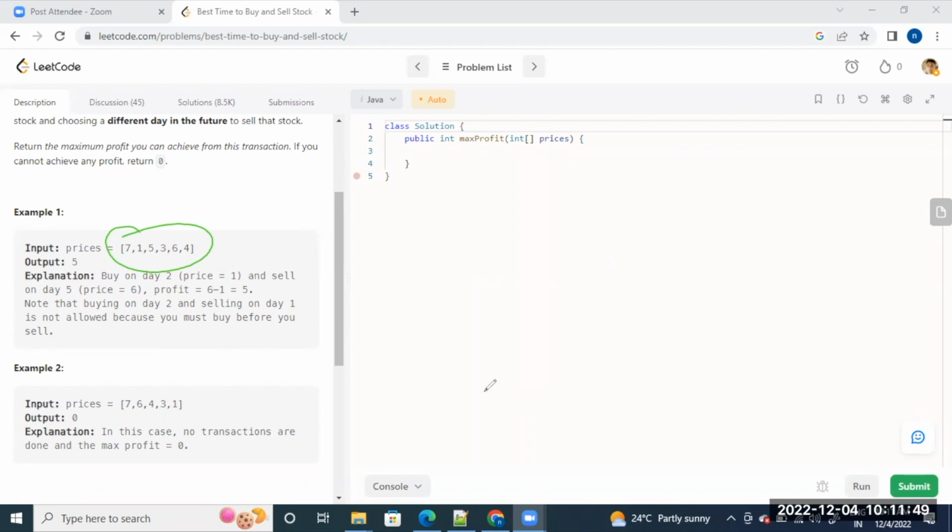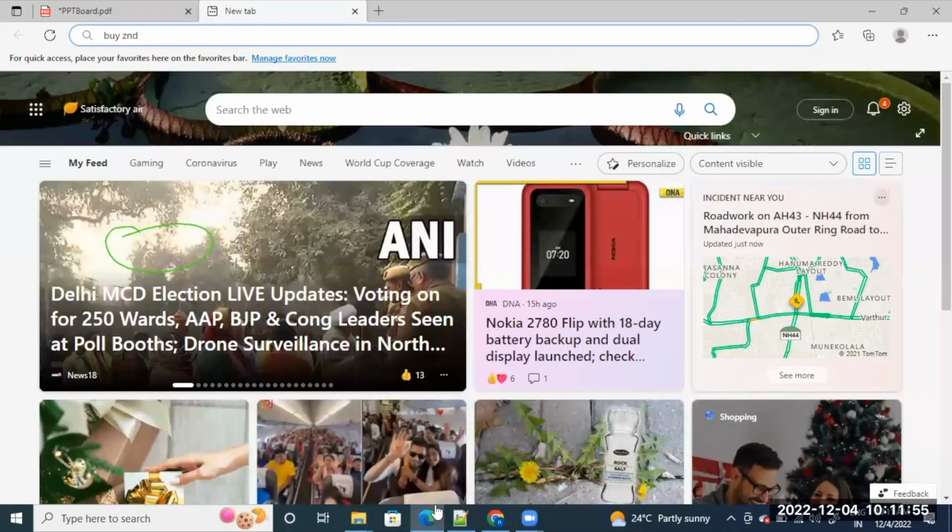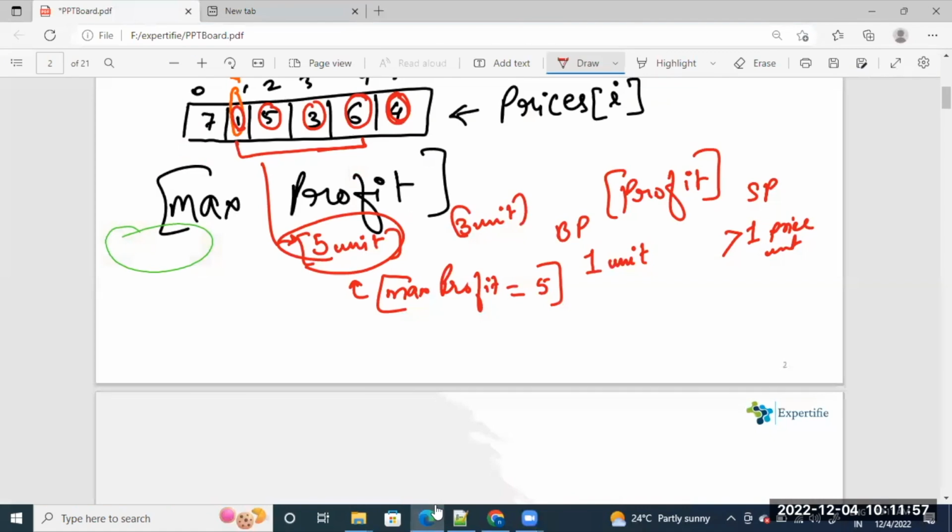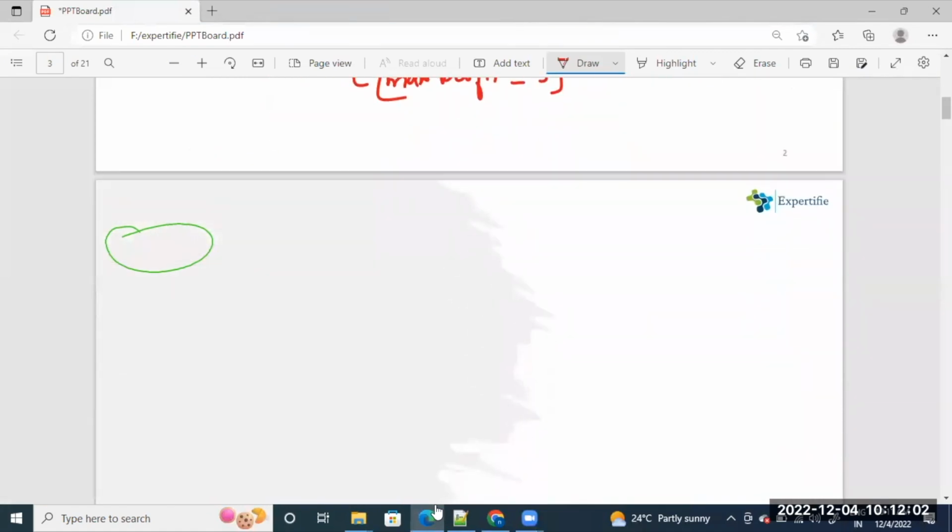This problem is basically a standard algorithm, and the pronunciation can be anything. I usually say Kadane's algorithm.